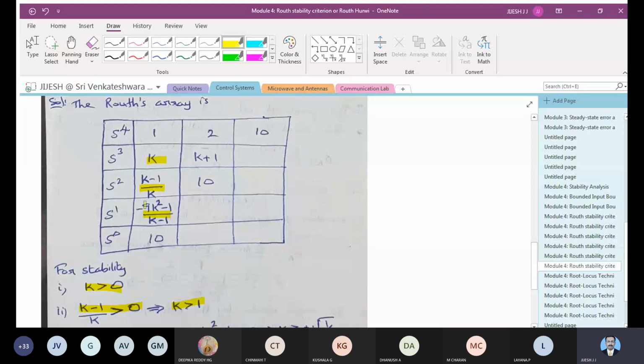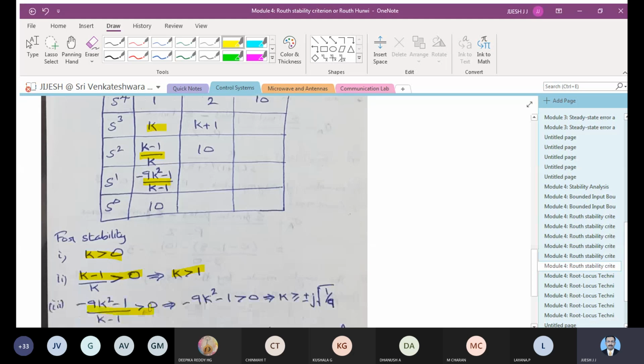You have to make sure that minus 9(k²-1)/(k-1) also should be greater than 0. So when you solve it, you'll get minus 9k² minus 1 greater than 0, or you will get k is greater than or equal to plus or minus j root of 1 by 9. So these values you will get.